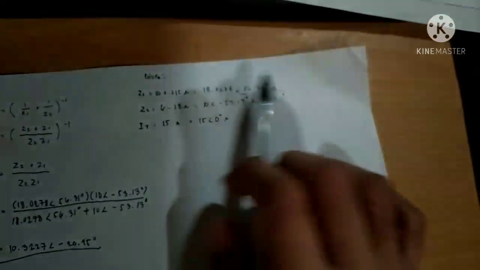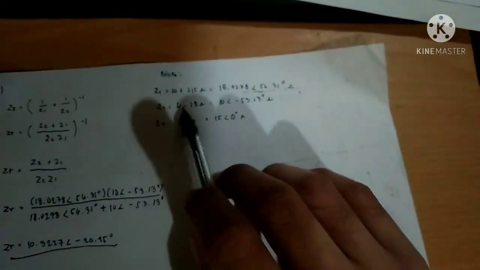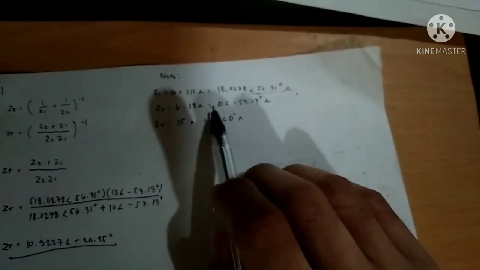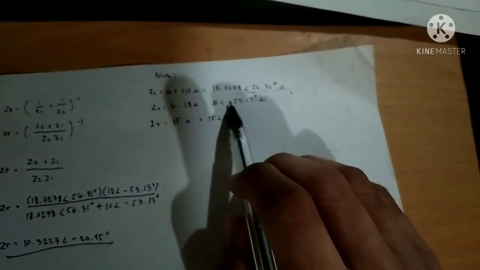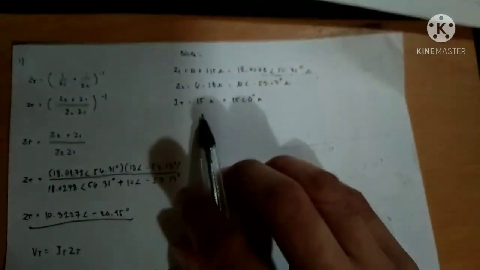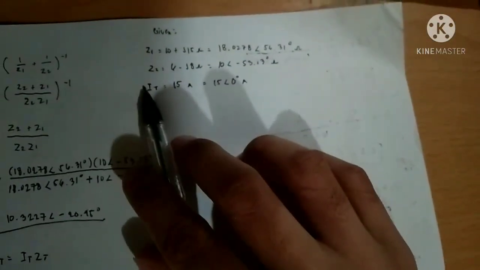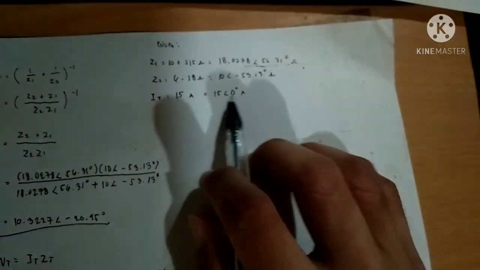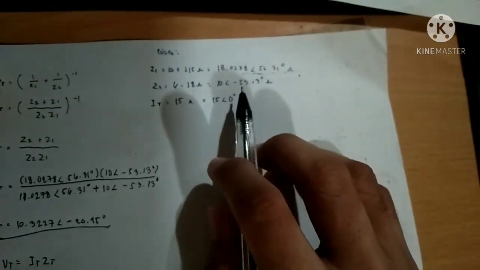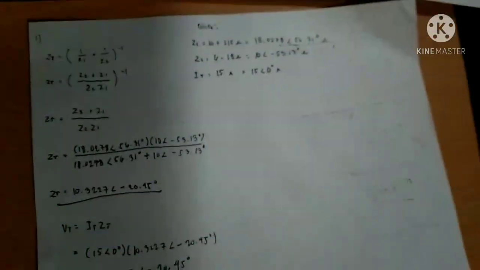This form is what we'll be using for the whole number. Z2 is equivalent to 6 - j6 ohms, so that will equate to 10 angle -53.13 ohms. For the current, we also have to convert it, so 15 angle 10 degrees amperes.